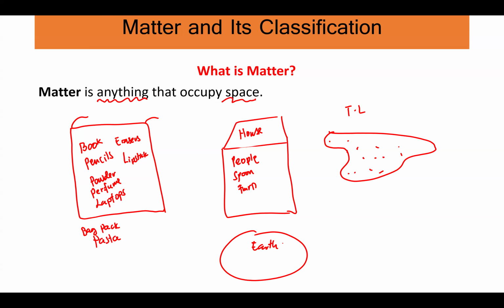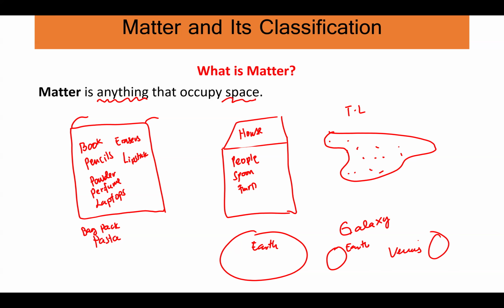Go bigger, to a galaxy with many different planets. You have Earth, you have Venus. Those all occupy some form of space.